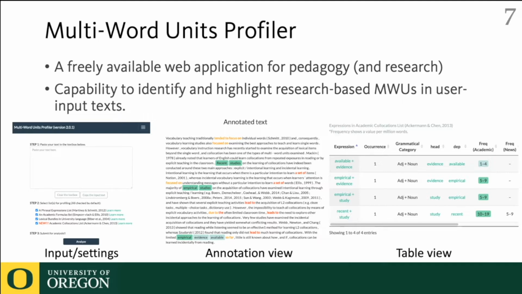It allows you to enter your own text and identify and highlight empirically based multi-word units in your input text. I tried to make this tool as easy and straightforward as possible to use. The tool is designed on a single web page, which includes an input settings section, an annotated view, and a table view.